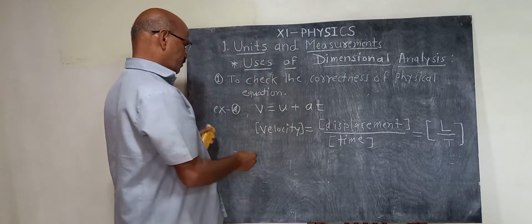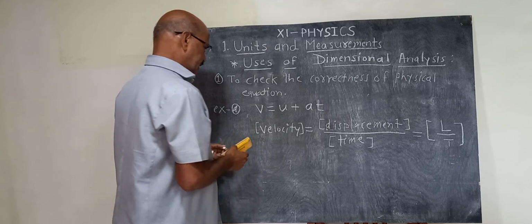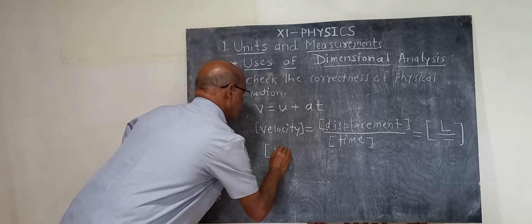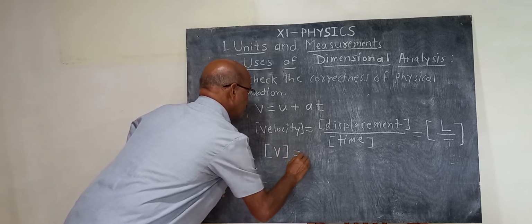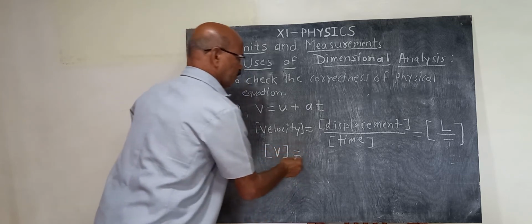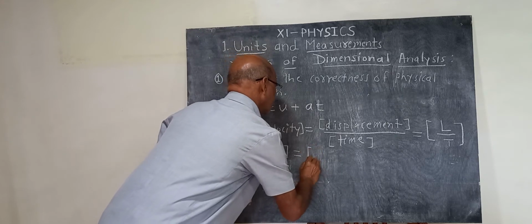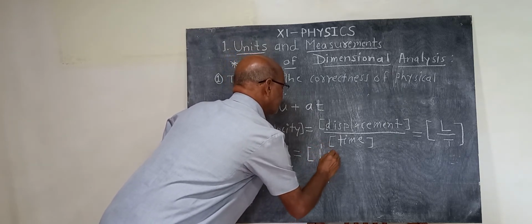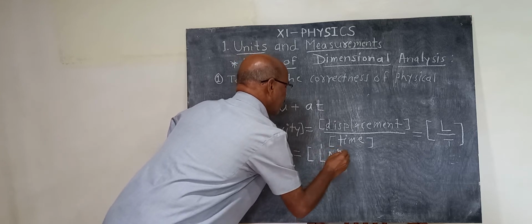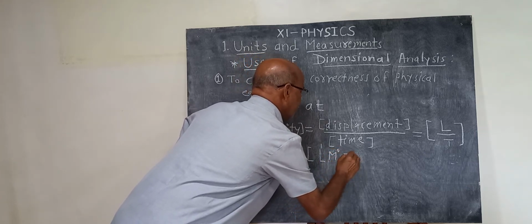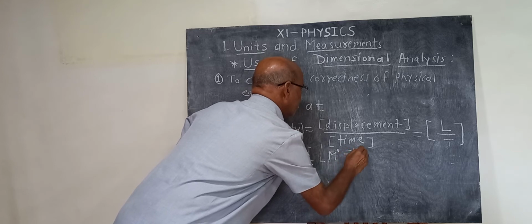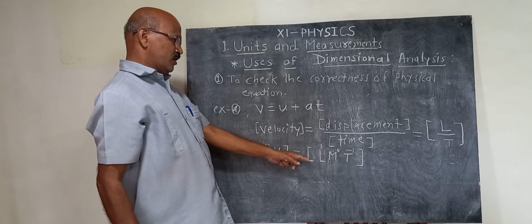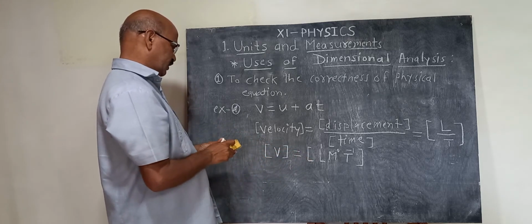So the dimensional formula for velocity becomes [V] equal to 1 in length, 0 in mass, and minus 1 in time. So these are the dimensions of final velocity.